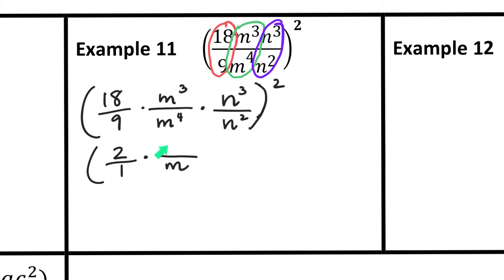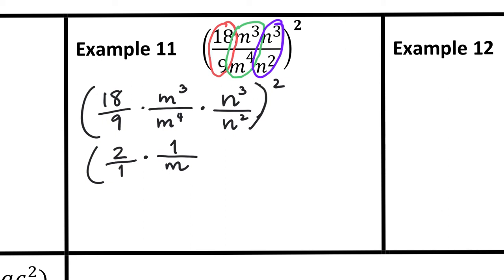Is the m going to be left over on the bottom or on the top? Because I have 3 on top and 4 on the bottom, so I have more m's on the bottom. So when they cancel out, I'm going to be left with 1 m on the bottom. And if there's nothing on top, it's assumed to be a 1.